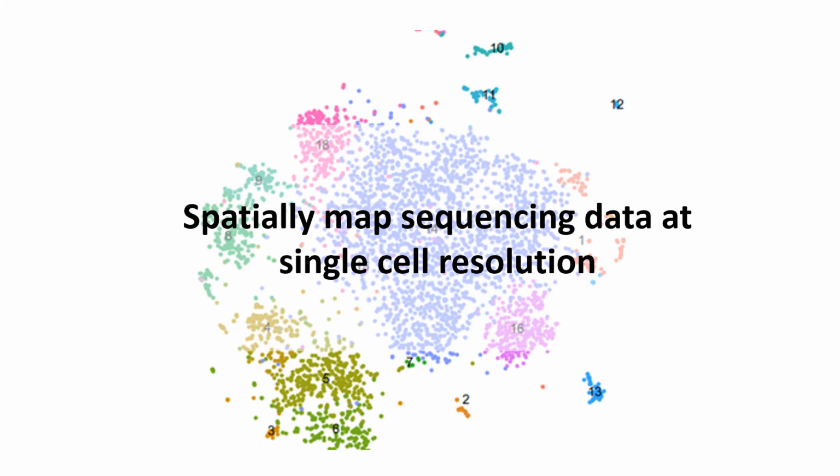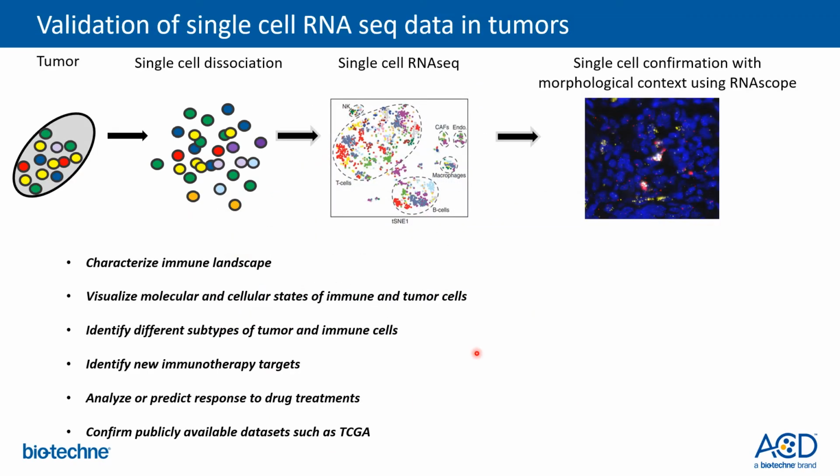Next, I want to talk to you about another very special application of RNAscope, which is to validate and spatially map single-cell RNA sequencing data. Single-cell RNA sequencing has come up as a very significant technique in assessing heterogeneous tissues like tumors. It helps us understand single-cell specific expression of multiple heterogeneous cells in different tumors.